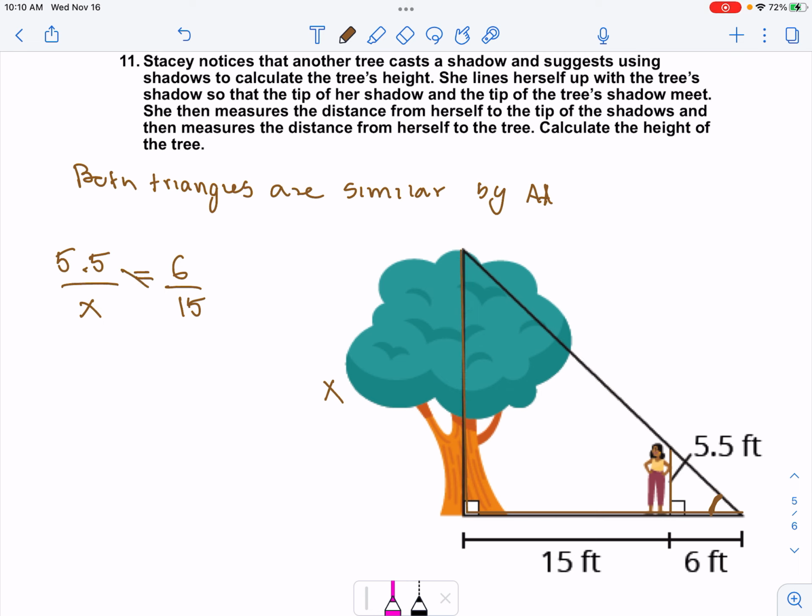Okay, so then we're going to cross multiply. And what do we get? So we're going to get 15 times 5.5 is equal to 6x. 15 times 5.5 is 82.5.